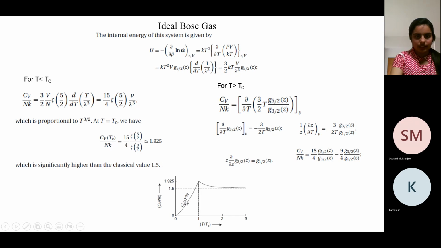Below that, Cv goes as T to the power 3/2, which comes from this expression here because you have this 1 by lambda cube dependence. And then as the temperature increases beyond the critical temperature, it gradually goes towards the classical value. So at temperatures much greater than the critical value, it would show values similar to the classical case.